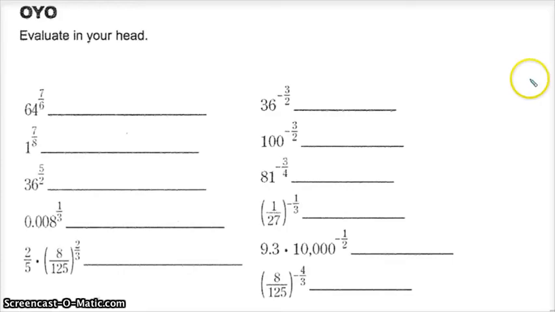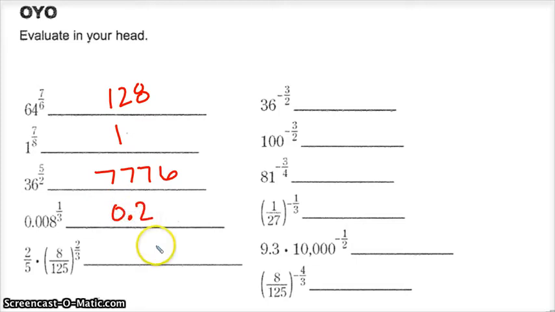Alright, you should have gotten, going down the left-hand column, 128, 1, 7,776, 2/10, and 8 over 125.